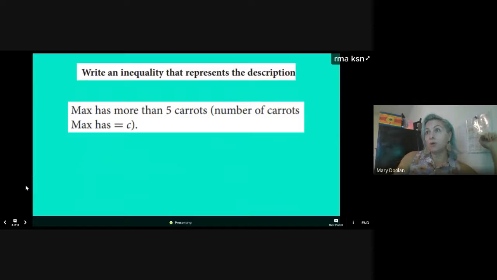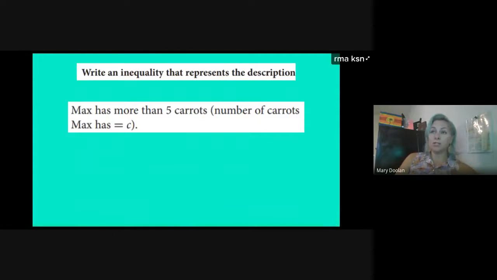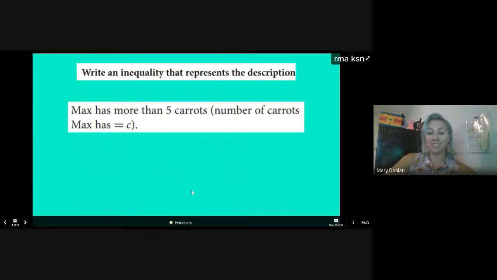So this first one here, write an inequality that represents the description. Our description is Max has more than 5 carrots, and the number of carrots that we're going to use here is C. If I'm going to use the more than symbol, C and 5, I have to put it in a way that makes sense. C is more than 5.